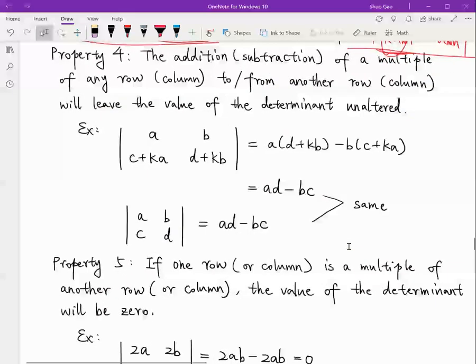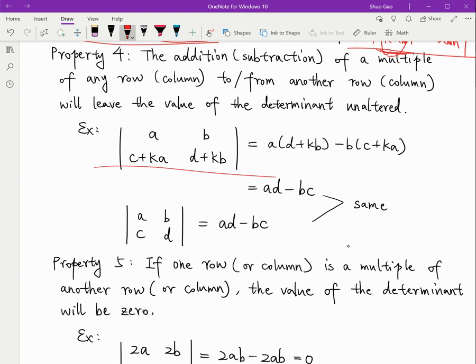And property 4, the addition or subtraction of a multiple of any row or column to or from another row or column will leave the value of the determinant unaltered. So it simply means that, for example, here we have this determinant. Right?